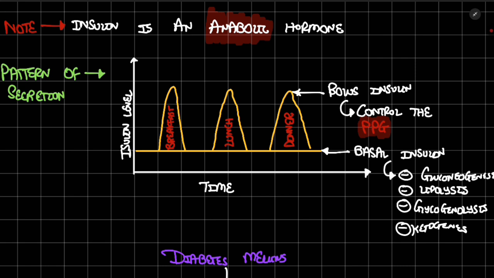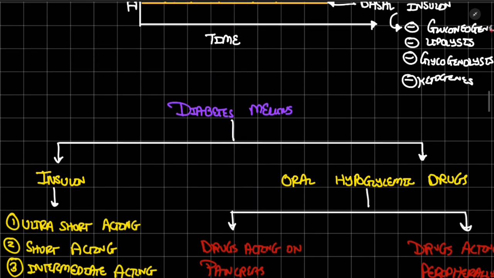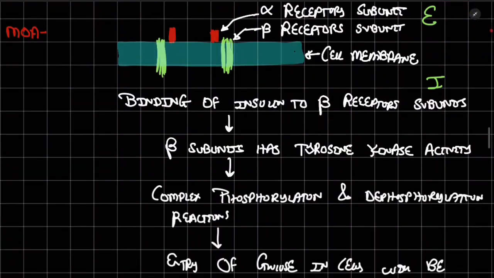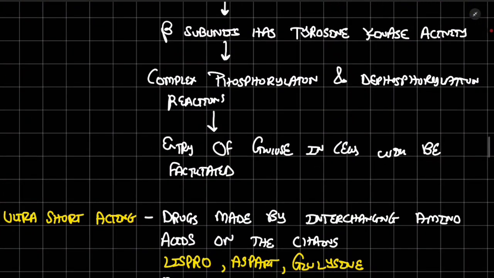So we give a combination of a long acting or ultra long acting with a short acting or ultra short acting, so that after meals the ultra short or short acting will control the postprandial glucose levels and the basal insulin will cover the basal level in the intermeal period. So the basal insulin is the long acting or ultra long acting.